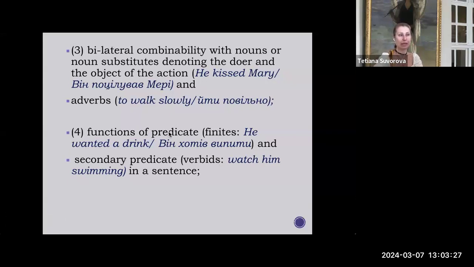Because we have the main one, the principal. For example, watch him swimming. With watch, we understand that it is now. You watch, for example, I watched can be, so we can differentiate the person. And him swimming, by the form swimming, we cannot differentiate. It was yesterday, today, tomorrow.